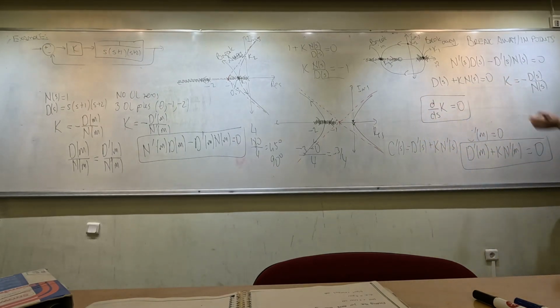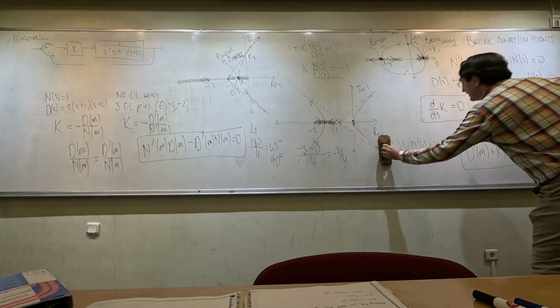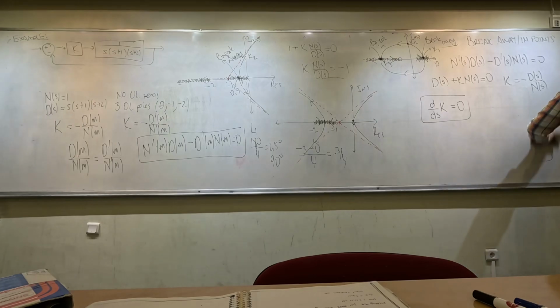And I can write this equation as follows. K is given like this, and if I take the derivative of the right-hand side, I'm going to get exactly the same equation as this one. Okay? Let us try to do that. So the derivative of the right-hand side with respect to s would be the following.